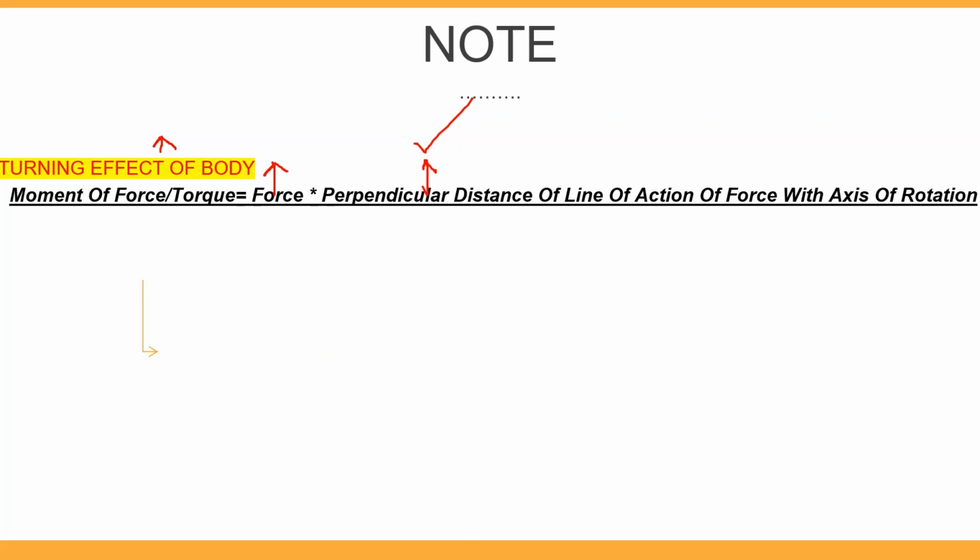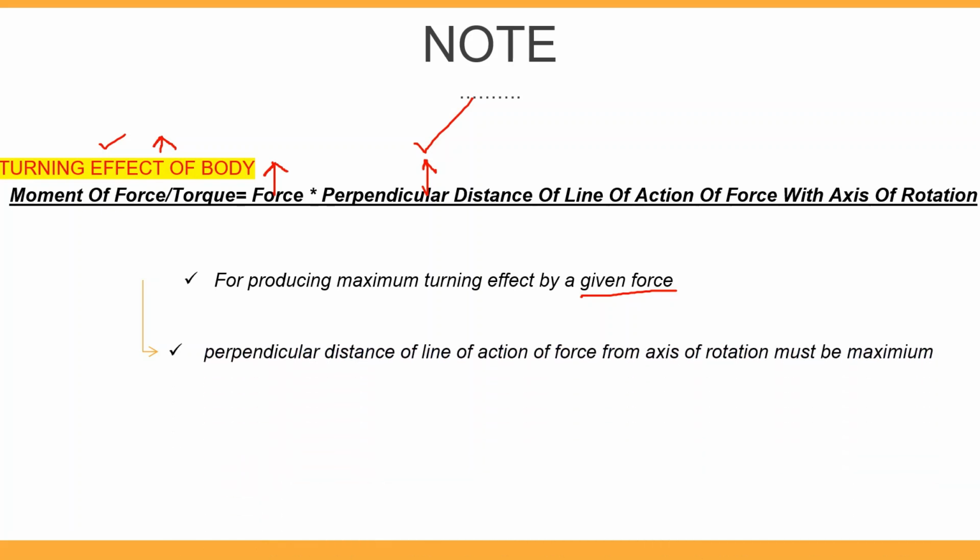That is written here. For a given force, how we can increase the moment of force or how we can increase the turning effect of the body? By increasing the perpendicular distance of line of action of force with axis of rotation. Okay.